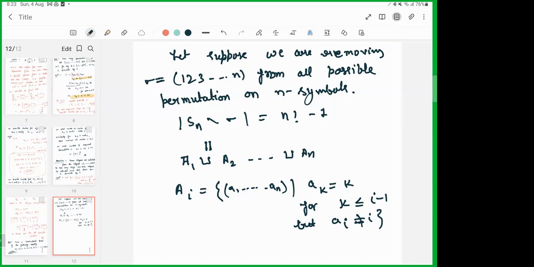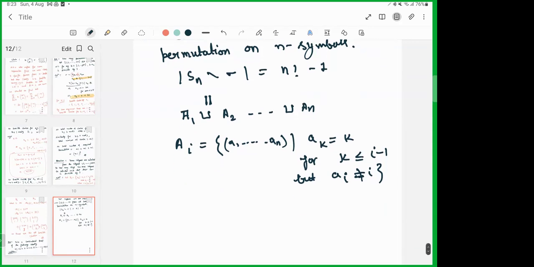If it does not have two, it lies in A2. If it does not have three in the third slot, it lies in A3. Similarly, up to the nth slot, if it does not have n there, it lies in An. But if it has one in the first slot, two in the second, three in the third, and n in the nth slot, then this is exactly the permutation sigma. So that is the idea.